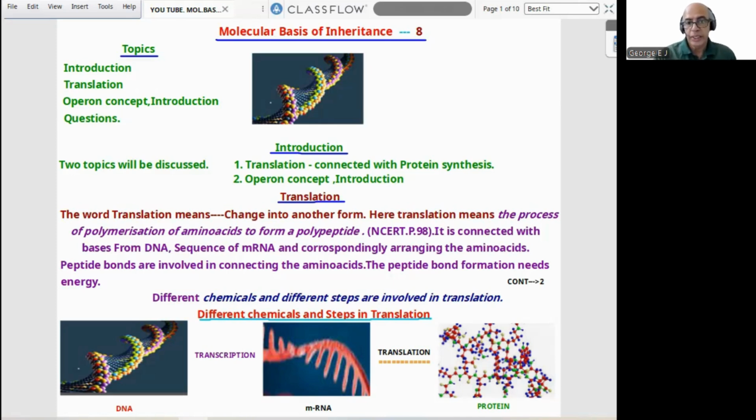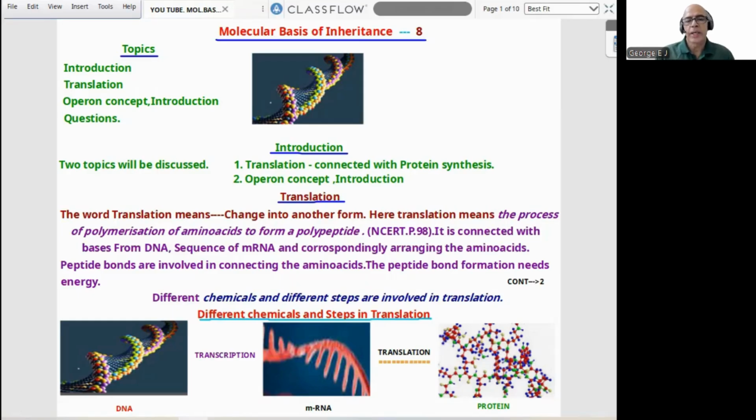After that, correspondingly arranging the amino acids, that is translation. Peptide bonds are involved in connecting the amino acids, and the formation of a peptide bond needs energy. I think up to this, it is clear to all of you.